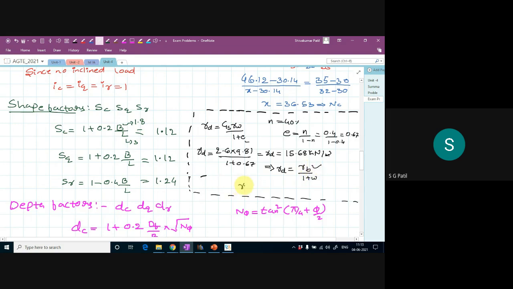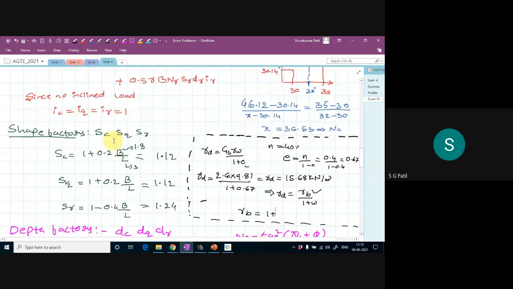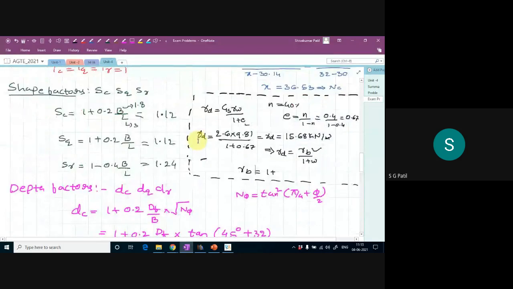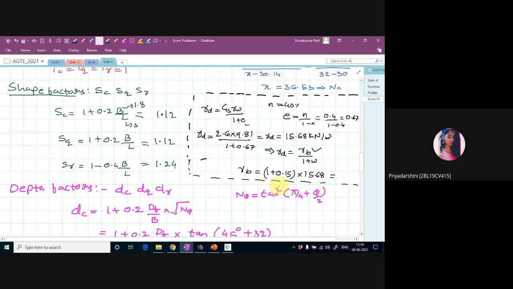What is the water content? 15%, 0.15, into my dry density. Dry density is 15.68. Tell me how much you are getting for the bulk density. 18.03 kilonewton per meter cube.